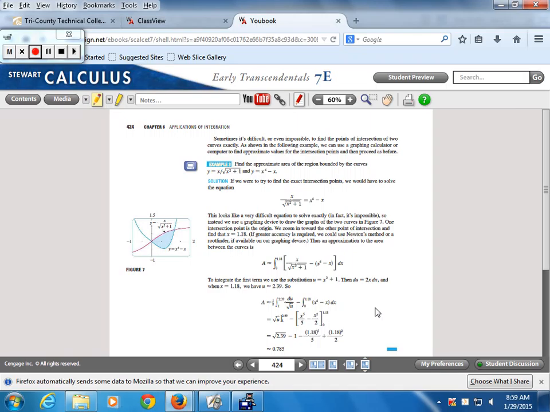So you would plug in 1.18 and divide it by the square root of 1.18 plus 1. Somebody crank that out and you should get 2.99. It comes out to be 2.99. All right, finish it out.